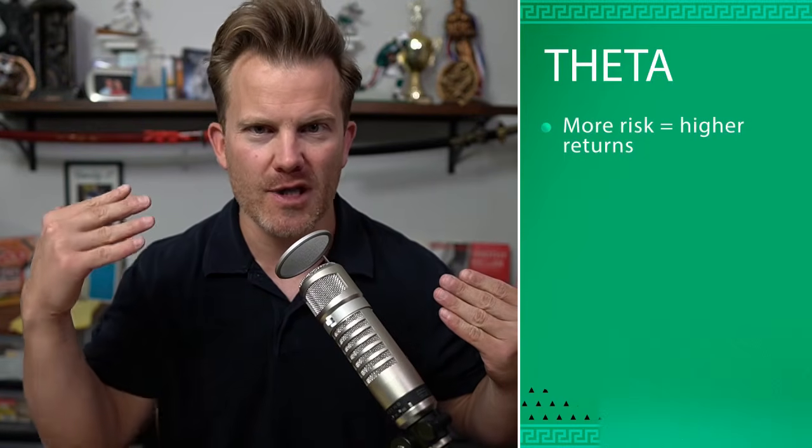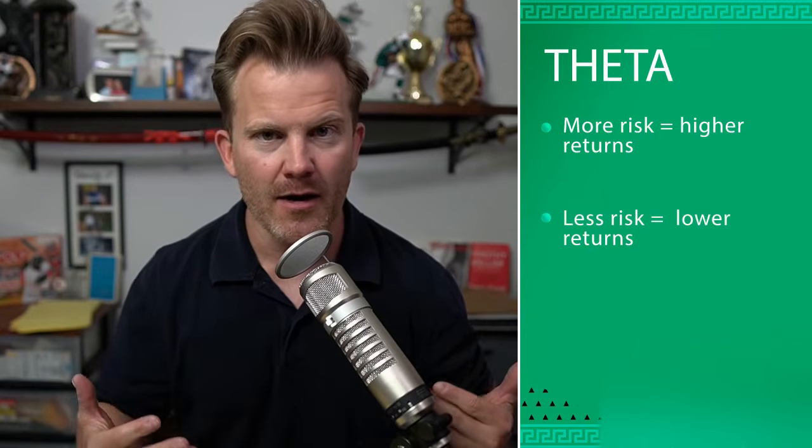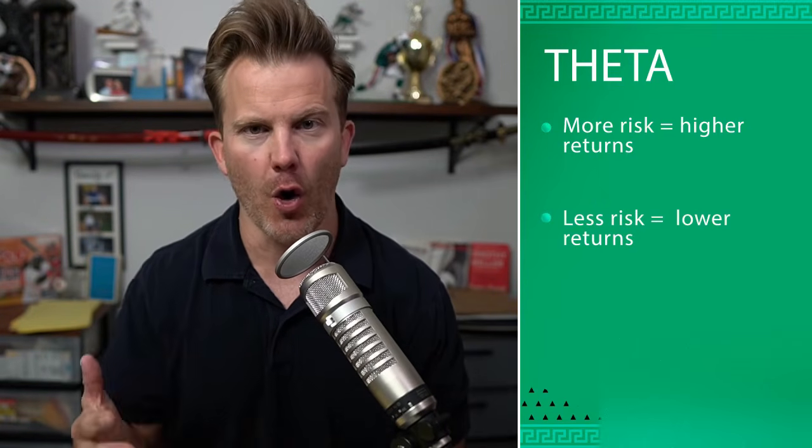This isn't about being right or wrong. This isn't about being better or worse. It truly is about gimmies and gotchas. It truly is about figuring out what makes the most sense for you and understanding that if you want more return, you have to be willing to accept more risk. And if you want to take your risk down with theta, you have to be willing to accept lower return targets.